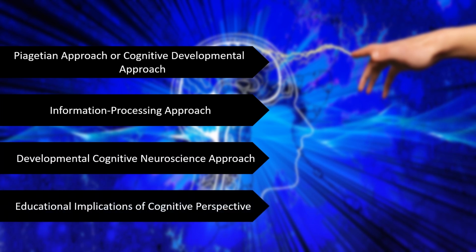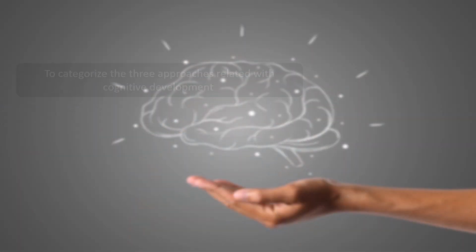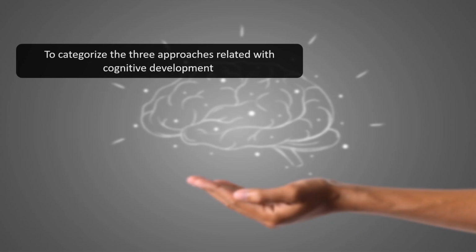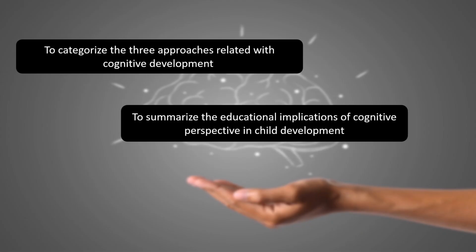And at last we will also discuss the educational implications of the cognitive perspective. After watching this video, you should be able to develop understanding about the cognitive perspective in child development, to categorize the three approaches related to cognitive development, and to summarize the educational implications of the cognitive perspective in child development.